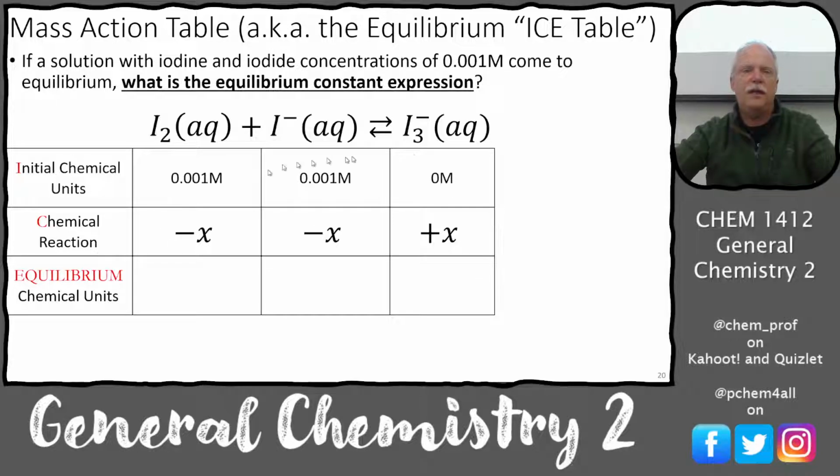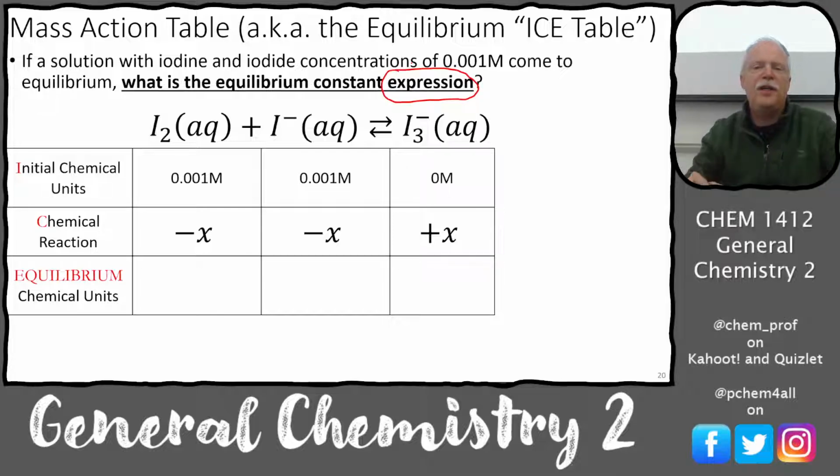Okay, so now this is an example from the OpenStax book. If a solution with iodide and iodide concentrations of 1.01 molar came to equilibrium, what's the equilibrium constant expression? So we're just asking for the expression. This is a term for you here, the equilibrium constant expression.